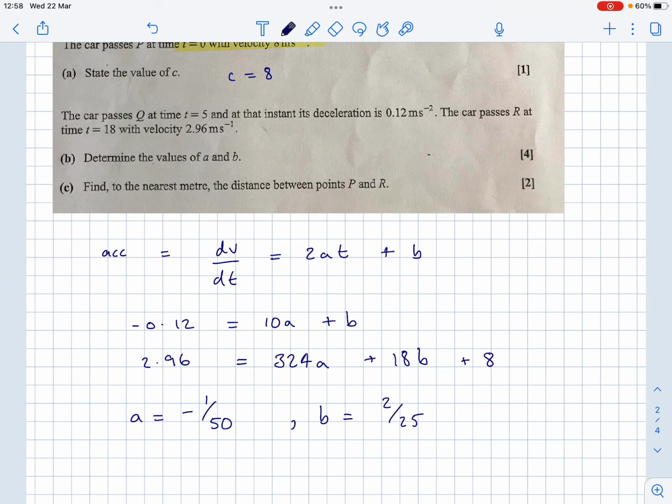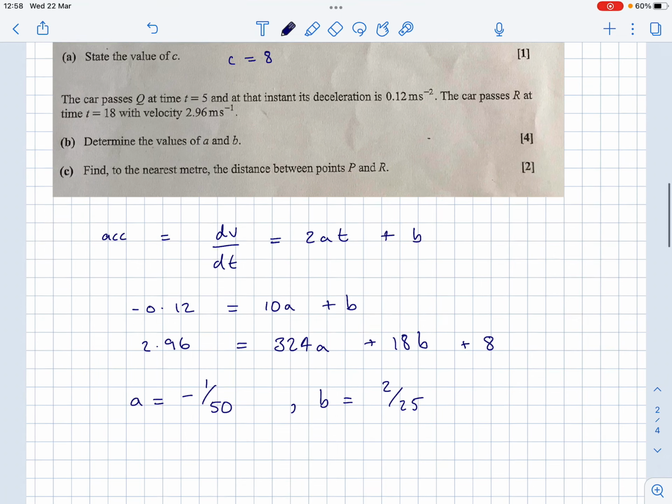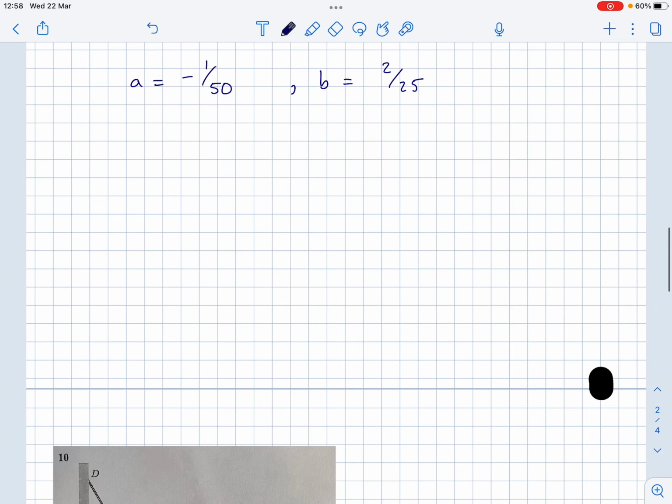Part C. Find to the nearest metre the distance between points P and R. So we know that the area underneath a velocity time graph, so if I integrate v with respect to t, this will give me the displacement, or in this case the distance.